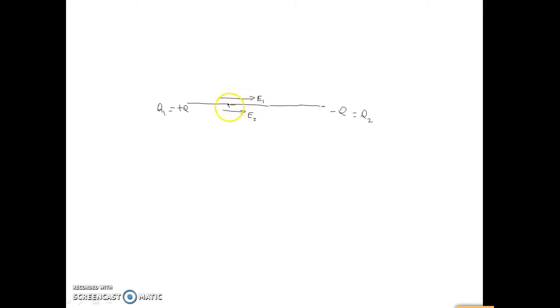The direction of the net electric field is along this line. So therefore the field line here is in this direction.